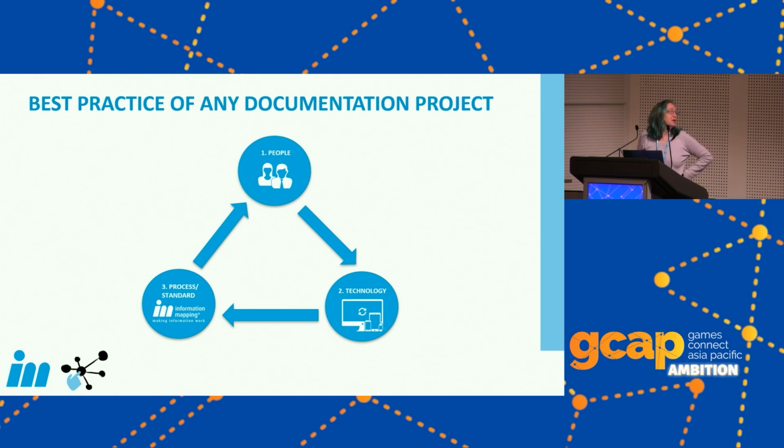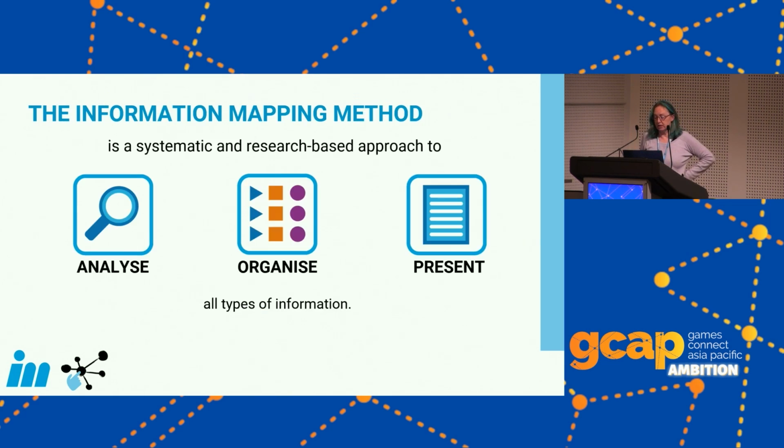So let's look at what information mapping tells us. The information mapping method was invented a very long time ago, actually in the 70s, by a professor from Harvard who basically came up with that method for technical documentation. And he took things from cognitive psychology, from instructional design, from behavioral psychology, anything about how people learn, things like that.